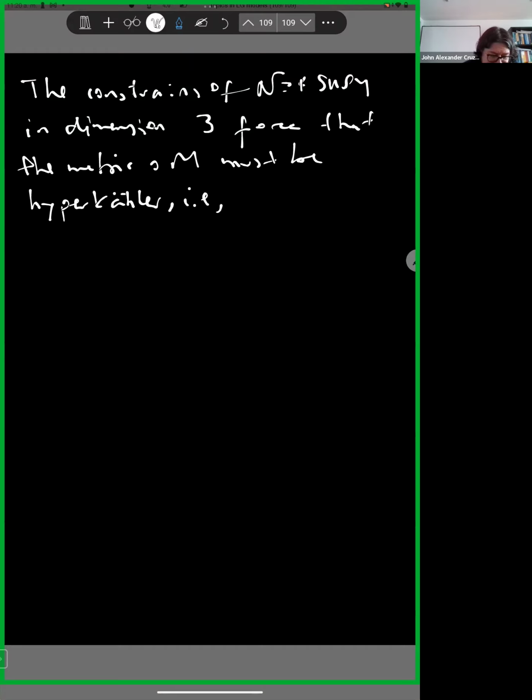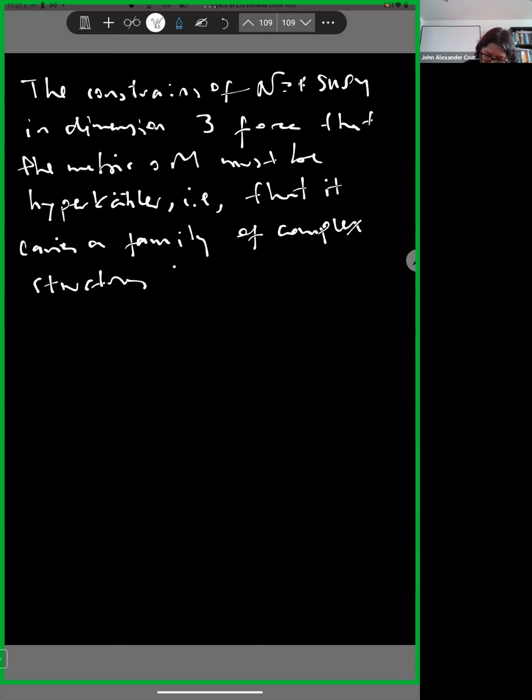This means actually that M carries a family of complex structures, parametrized by zeta in CP1.